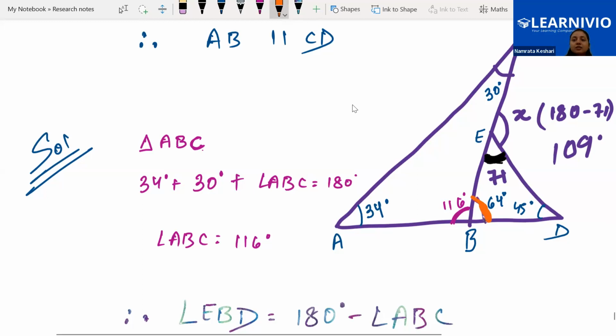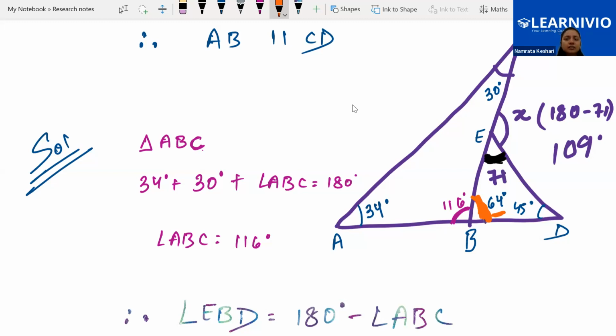So directly we can get this orange angle EBD by adding the two opposite angles, that is 34 plus 30 is 64. Do you know that? Yes, ma'am. Directly we can get this one, and then we can find the angle BED.